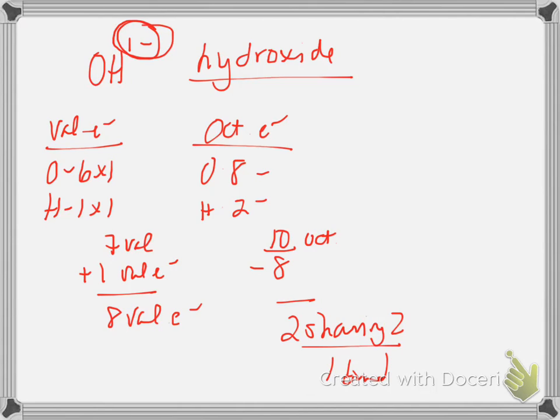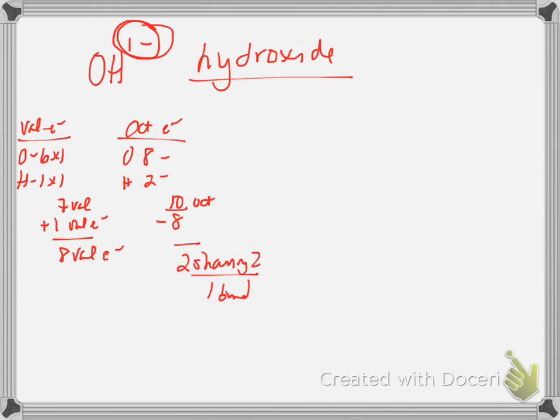Now, it's very important here to calculate the number of unshared pairs, because that's typically where these extra electrons get either picked up or given up. So the number of unshared electrons, if they have 8 and they're only sharing 2, there are 6 unshared or 3 unshared pairs.